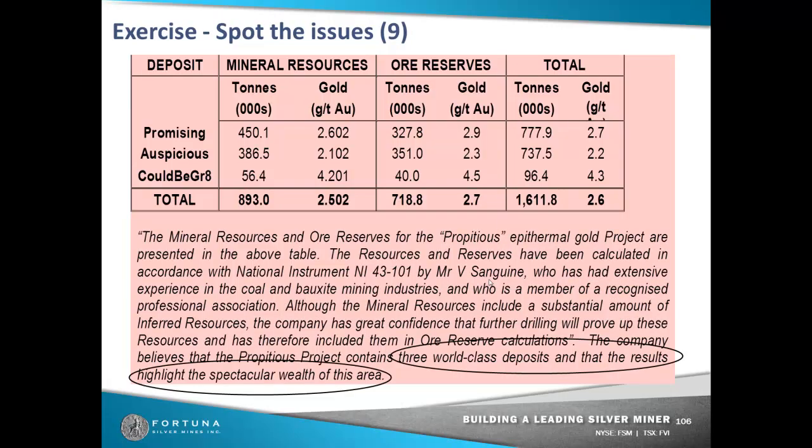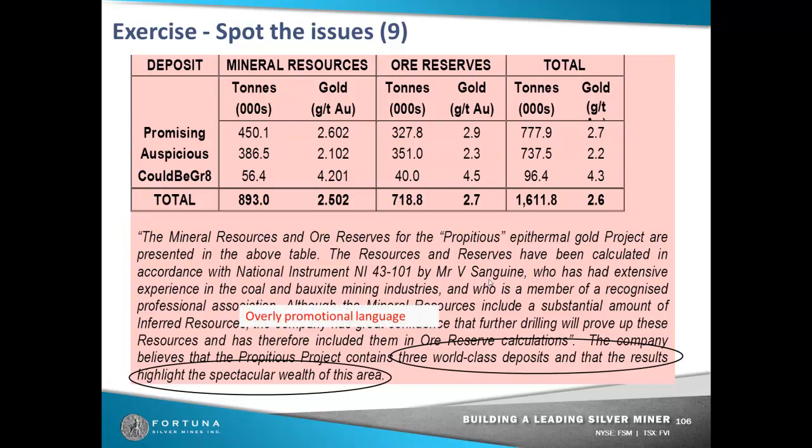Finally, the last issue which we have with this statement is the last sentence, where the company believes that the project contains 3 world-class deposits and that the results highlight a spectacular wealth of this area. This is the usage of over-promotional language.